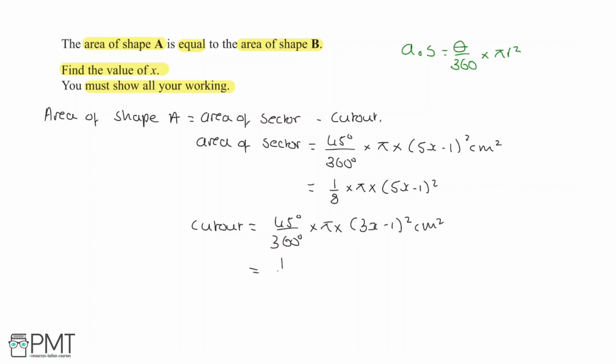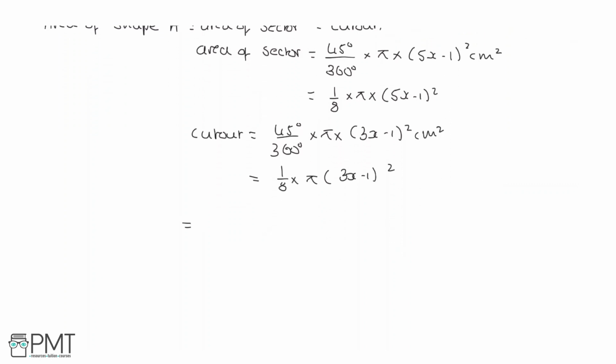This is the same thing, so it's 1 over 8 times pi times 3x minus 1 squared. So this means the area of shape A is going to be 1 over 8 pi, I'm taking it out as a factor, 5x minus 1 squared minus 3x minus 1 squared.